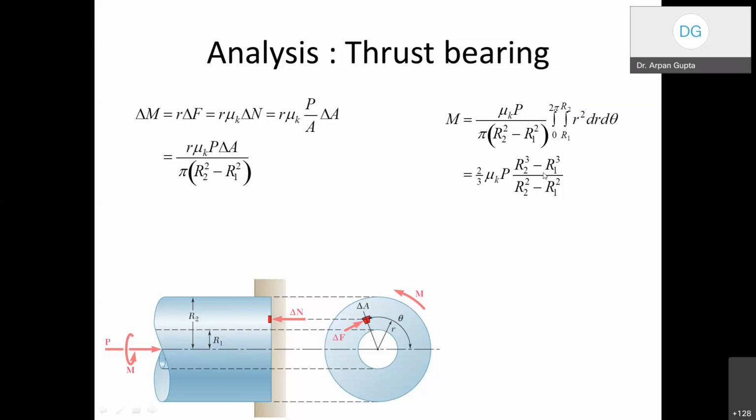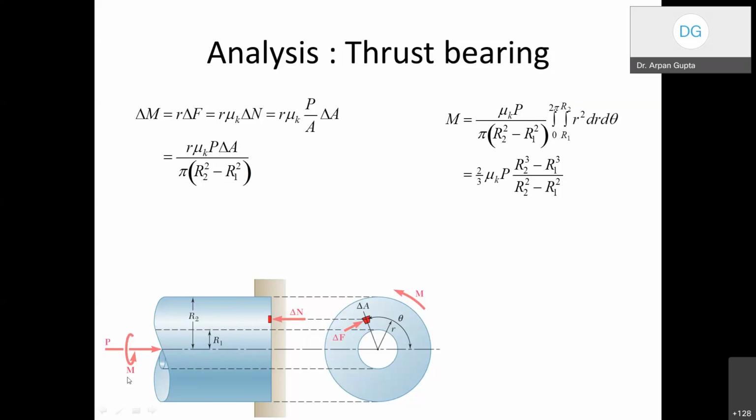So we integrate it, and this is the expression for the moment that is applied if I have to support an axial load P and still the system moves at a constant angular velocity, right? If the friction were not there, then I don't need any external moment. But if the friction is there, then this is the expression that requires to be applied.